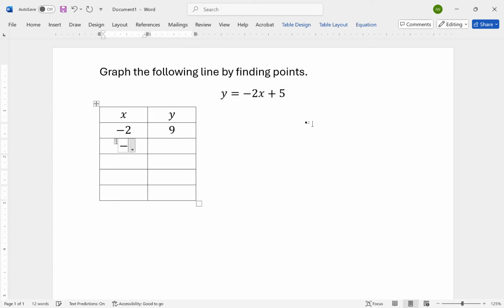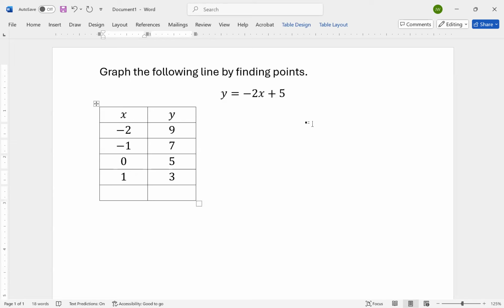If I plug in a negative 1, then what I end up getting is a positive 7. If I plug in a 0, then what I end up getting is a 5. You can check these on your own if you like. If I plug in a 1, I end up getting a positive 3.